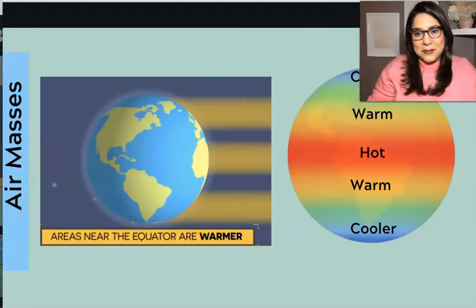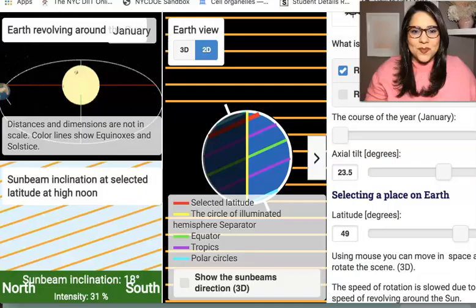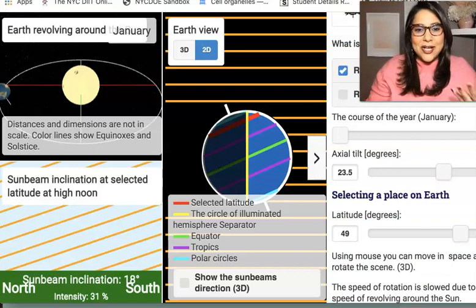So let's begin. The first thing we want to note is that Earth is tilted, right? And so different locations on our planet receive different amounts of direct sunlight. So let's take a look at this online model. I want you to note that it records the sunbeam inclination and also the intensity of that sunlight, right?